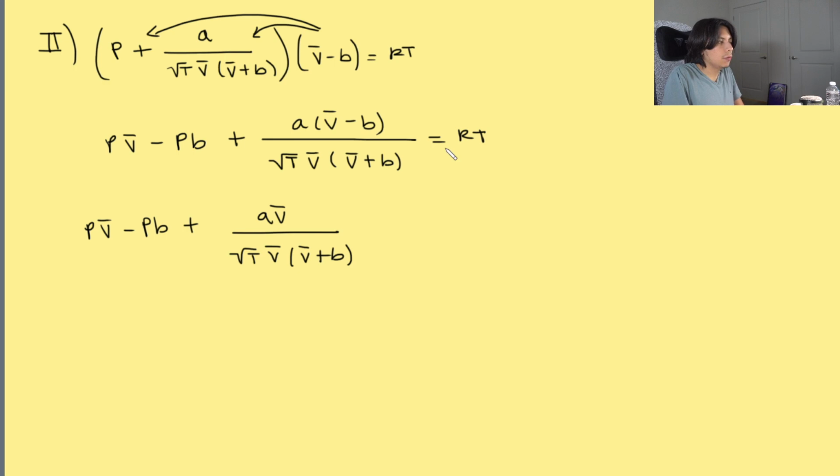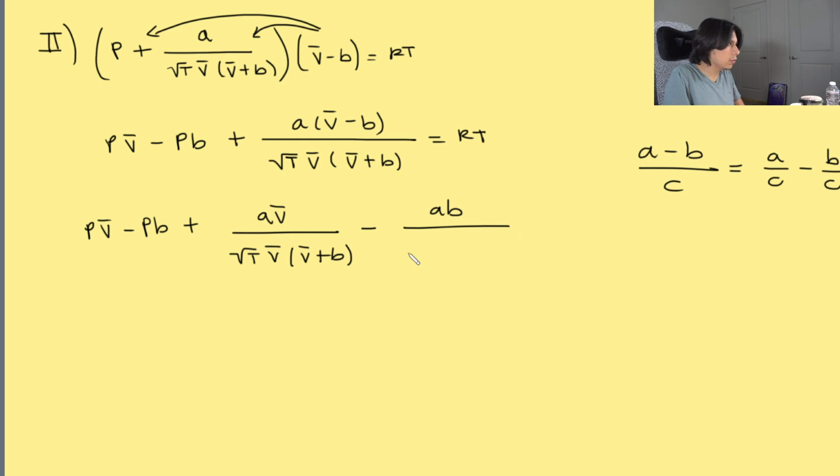And when you have 2 things over a common denominator, it's the same thing as doing this right here. So that's exactly what we're doing in this algebraic manipulation. So this would be minus AB over square root of T V bar times V bar plus B equals RT. So this is just an aside.